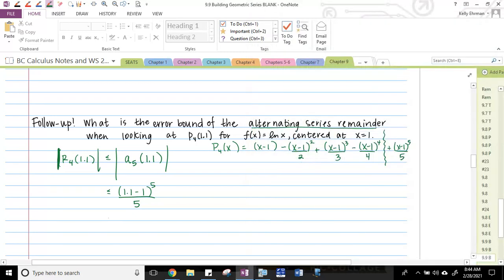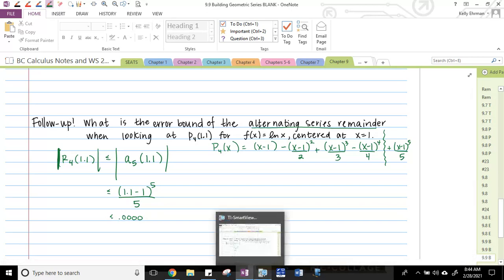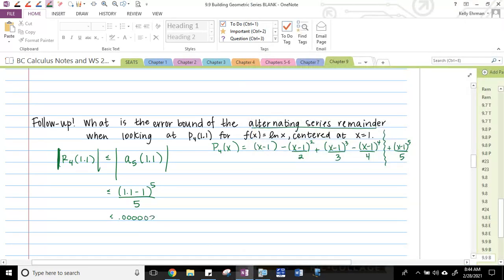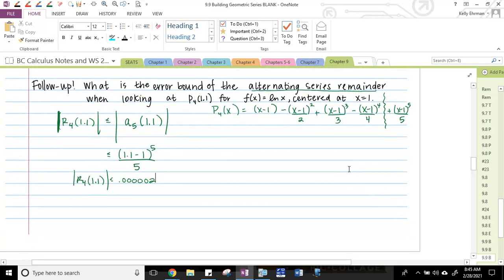All right, so 0.000002 is our error bound. And remember, error bound is not actual error. It's just like the ceiling for the error, the maximum possible error.